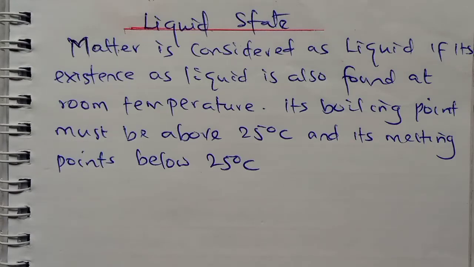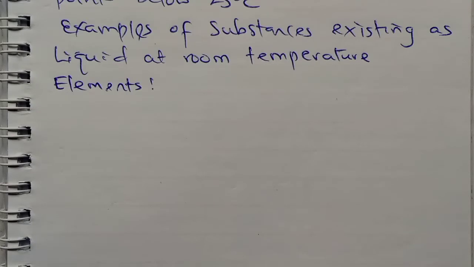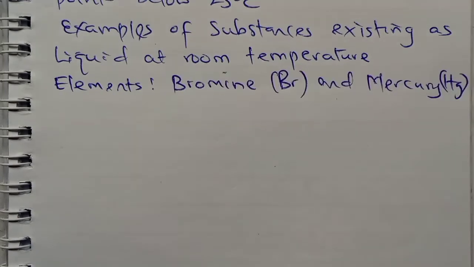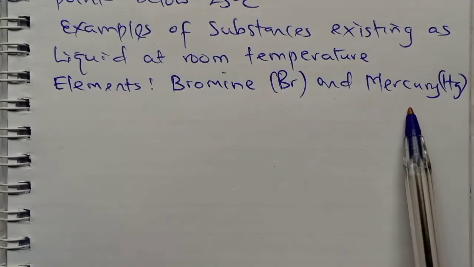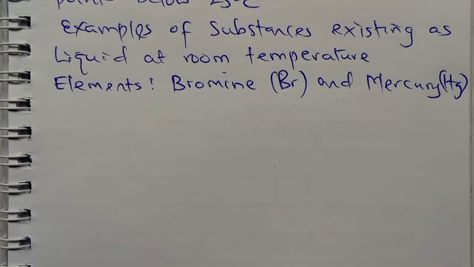Examples of substances that exist as liquid at room temperature: bromine and mercury are the only two elements that exist as liquid at room temperature. Take note of this. Bromine is a non-metal, whereas mercury is a metal.